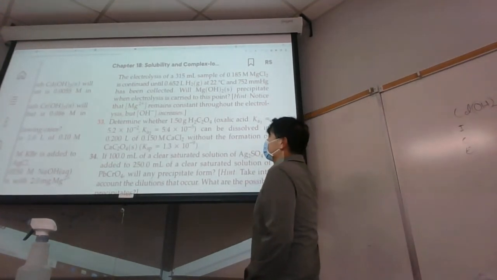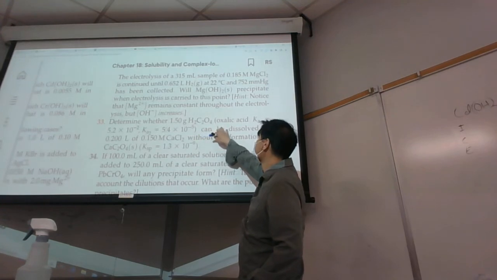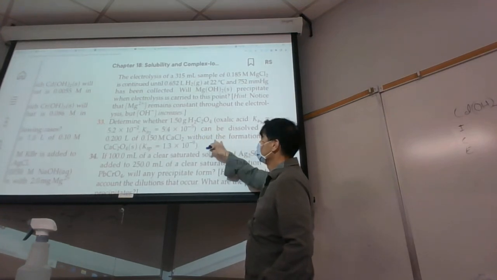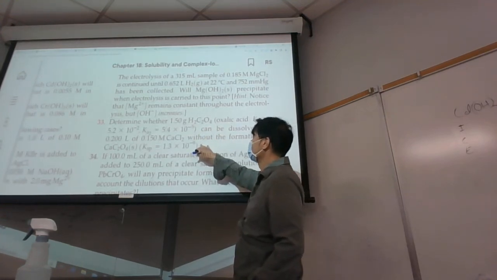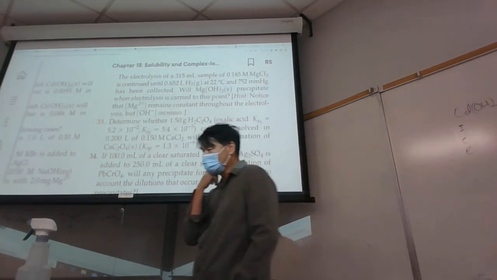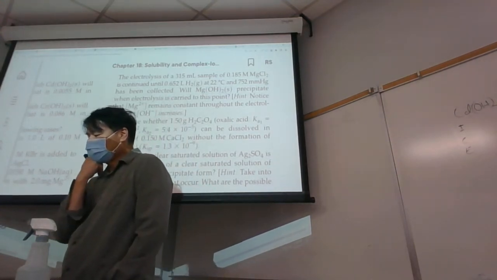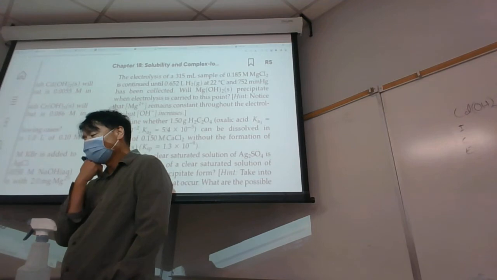All right, 33. Determine whether 1.50 grams of oxalic acid can be dissolved in 0.200 liters of 0.150 molar calcium chloride without the formation of calcium oxalate precipitate. So we're dealing with multiple equilibria here.